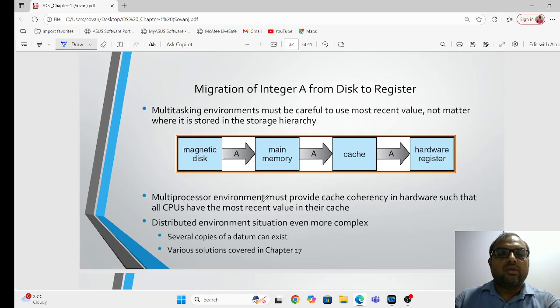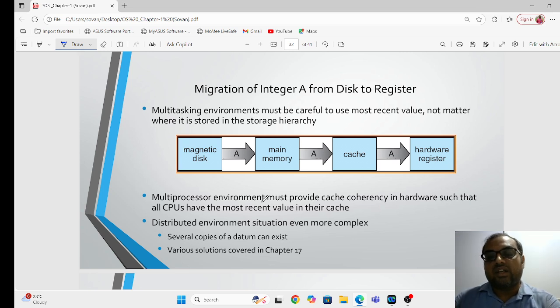Now this is for the multitasking process. You know that the main memory accesses the information from your magnetic tapes. In a multitasking environment, main memory can access the disks, but the cache memory cannot directly access data from the magnetic tape or magnetic disks.